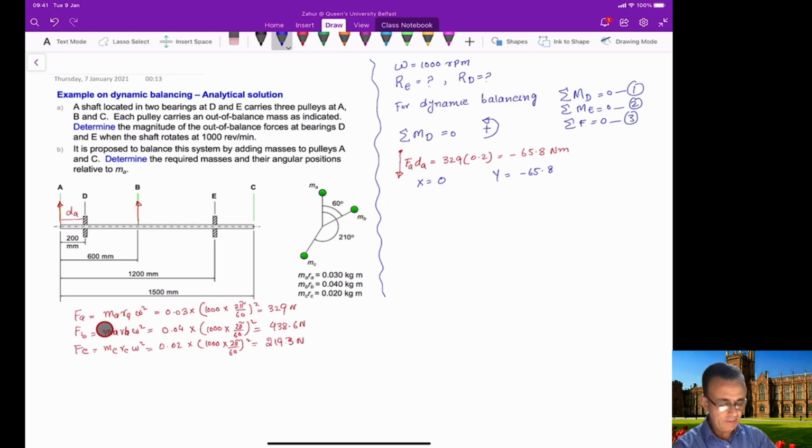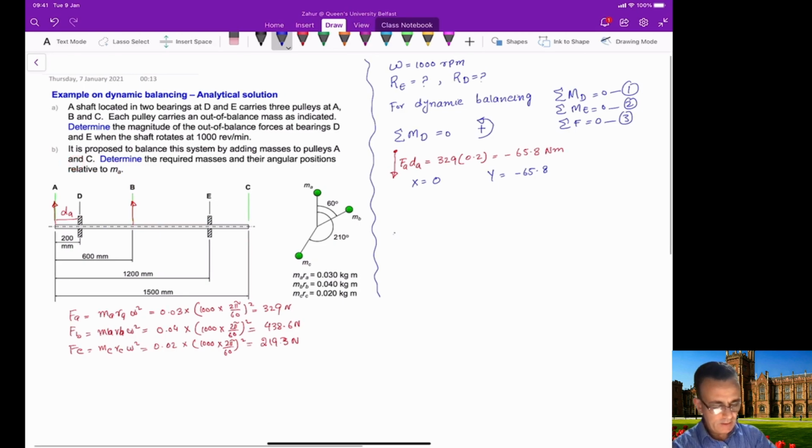MB or the FB, so we know that because it's in the upward direction, obviously this will create a moment which will be counterclockwise, which will be positive. So you can say that it should be in the direction of the force here, which is in this direction here.